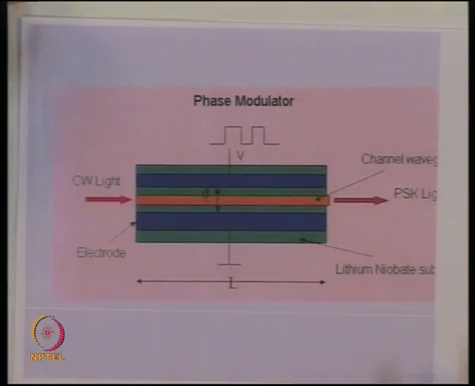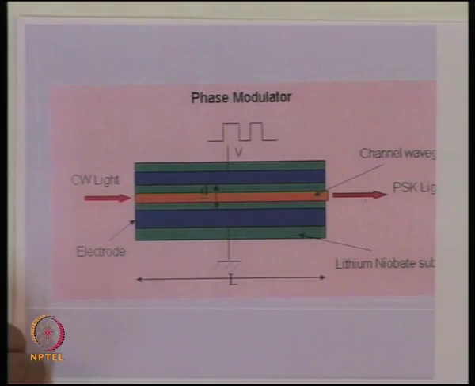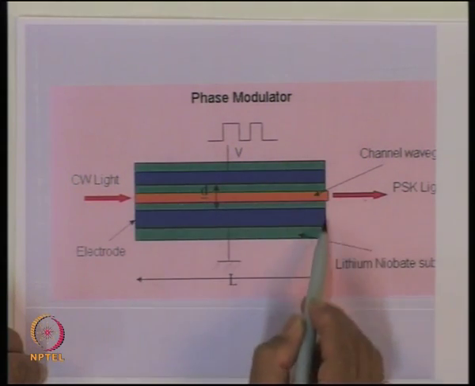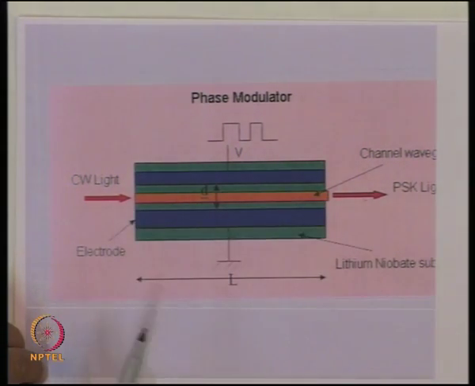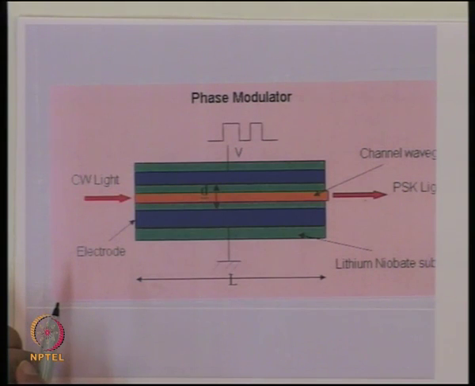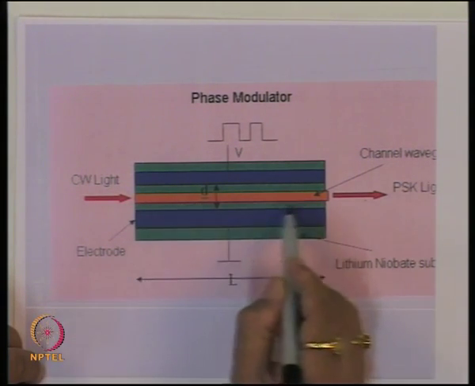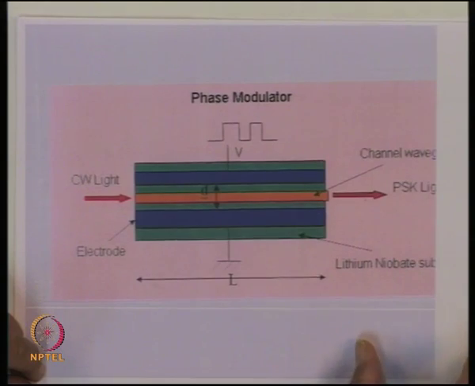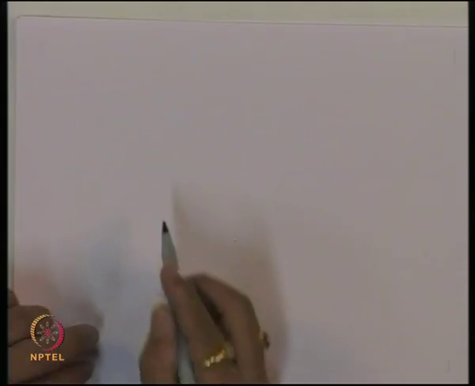The basic device fabricated by using this is called a phase modulator, and the device is as follows. Let us say we have a lithium niobate substrate, and then we do some doping of it, so a channel waveguide is created inside this wafer. Let me show how it looks three-dimensionally.